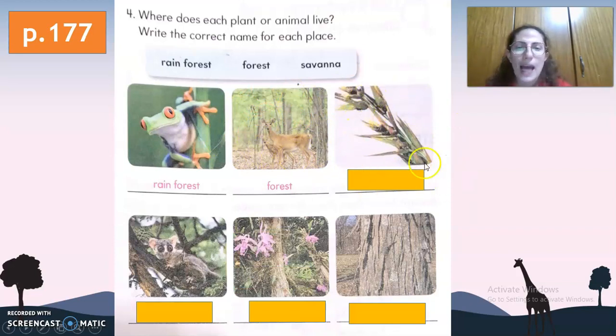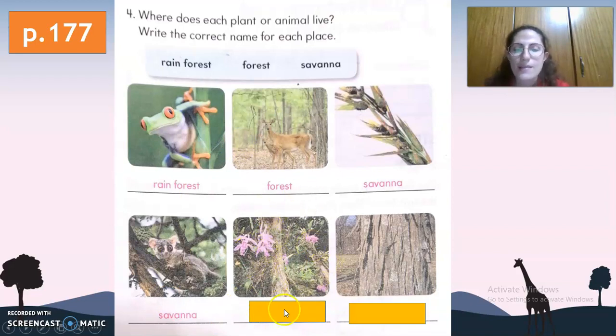What about this plant? Where does this plant live? Does it live in the rainforest, forest, or savanna? Let's think. It lives in a savanna, correct. What about the bush baby? Where does the bush baby live? This bush baby lives in the savanna, correct. What about the plants that grow on the trees?